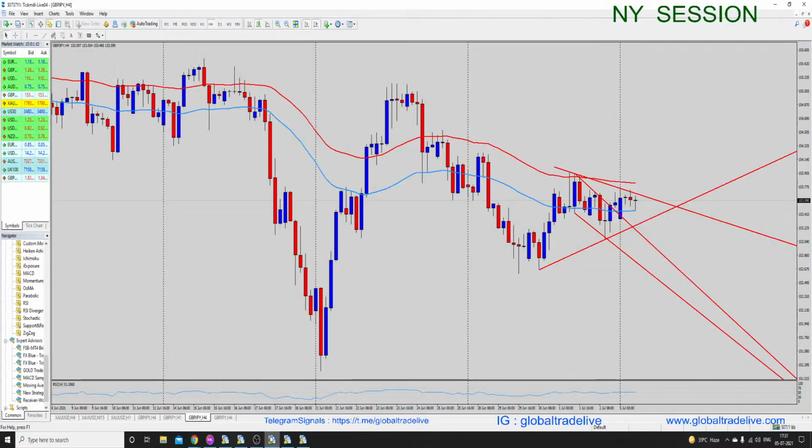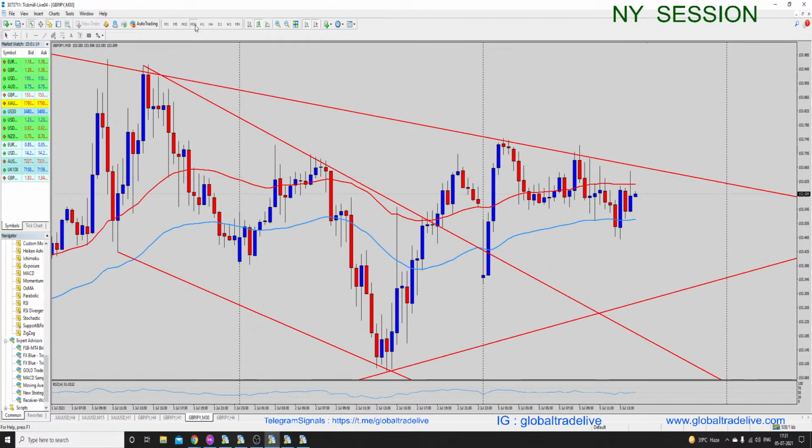Thirty-minute candle just closed. Let's see how the 30-minute closed. Okay, so the 30-minute candle here just closed with a huge rejection, and what I'm thinking here is, if the current 30-minute candle just breaks the low of the previous 30-minute candle, then it will be moving really down.